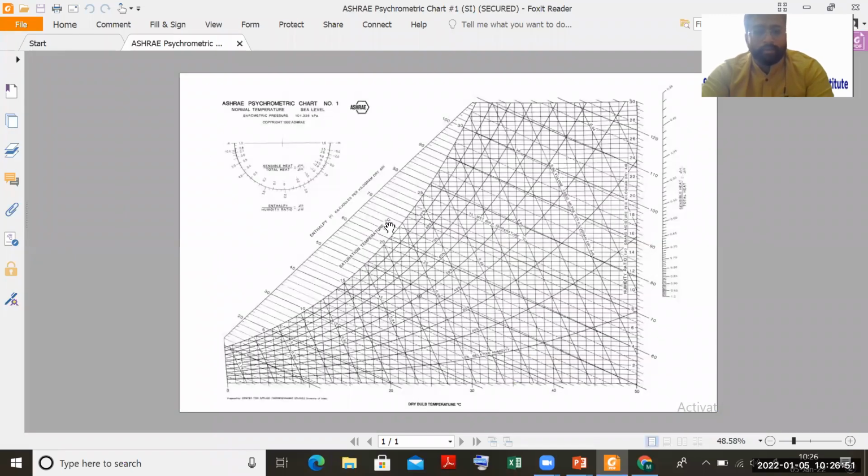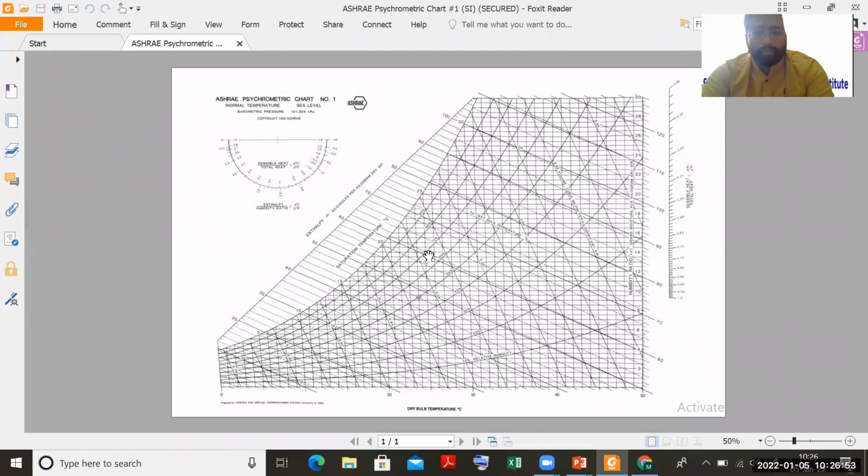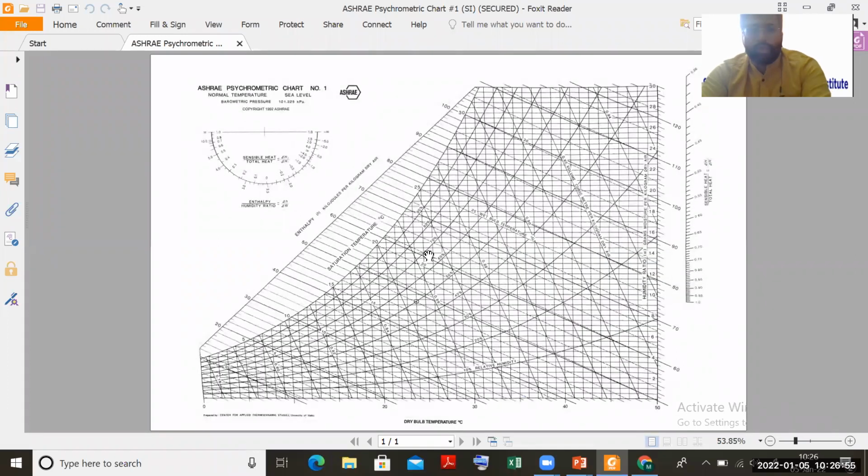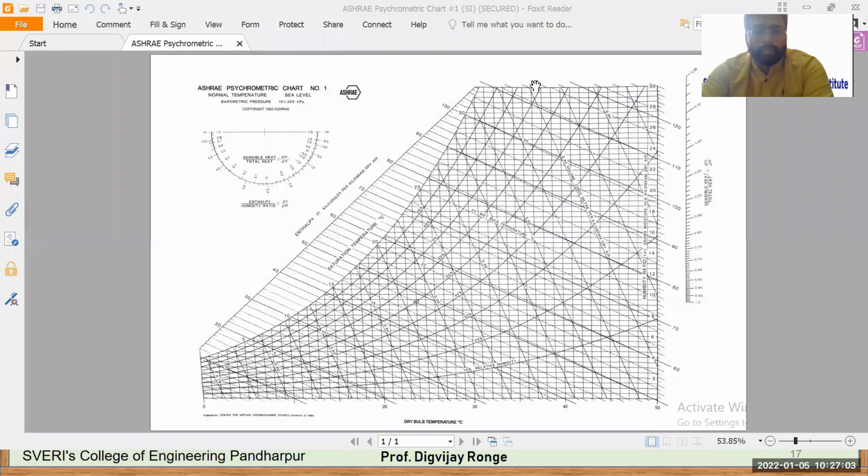I hope this is familiar to you. This is an average psychrometric chart. Previously you knew that on the abscissa we have DBT, on the ordinate we have humidity ratio.